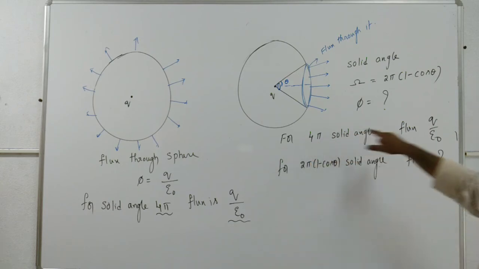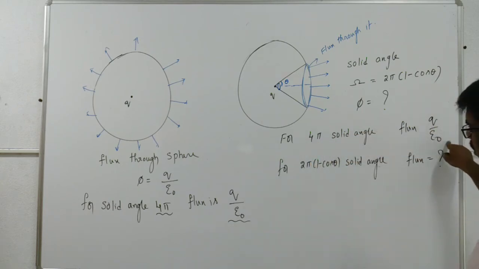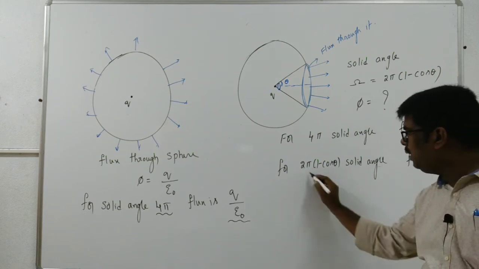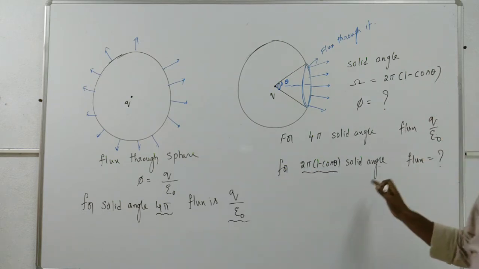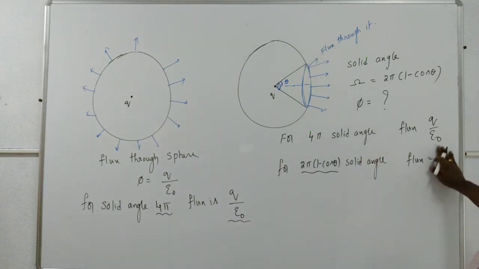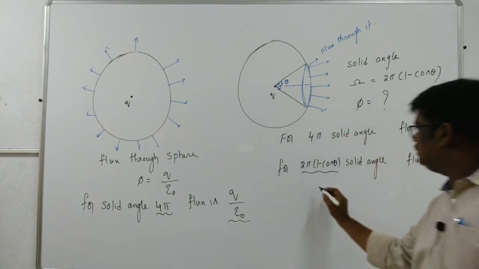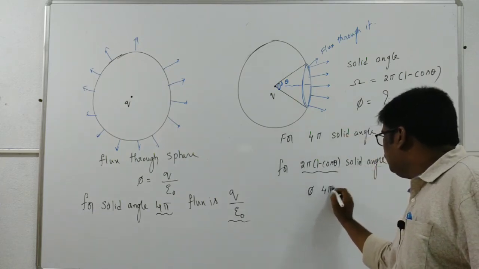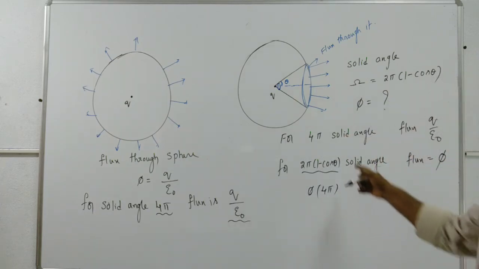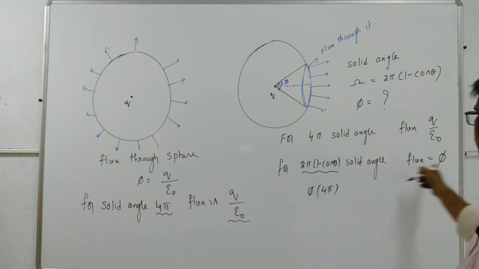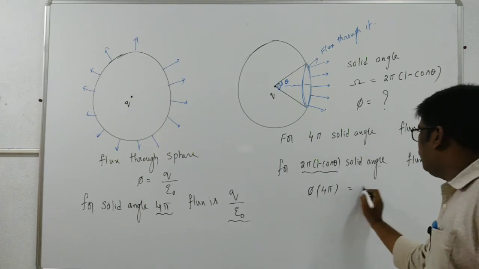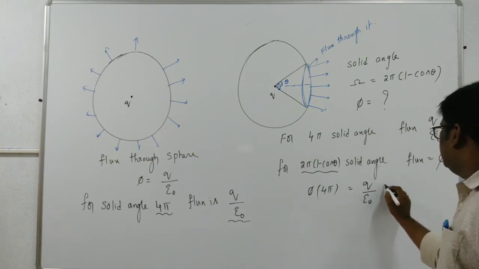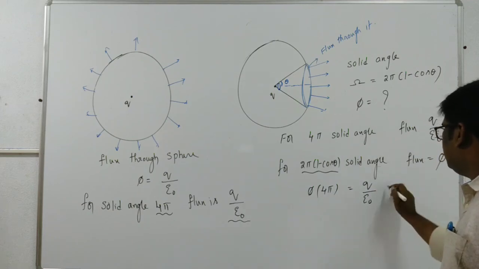For 4 pi solid angle, flux is q by epsilon naught, so for 2 pi into 1 minus cos theta solid angle, what is the flux? You can write it just like cross multiplying. This flux I am taking as phi. So phi into 4 pi. This is just like one ice cream 10 rupees, 10 ice creams how much, like that. So cross multiplying, q by epsilon naught into 2 pi into 1 minus cos theta.